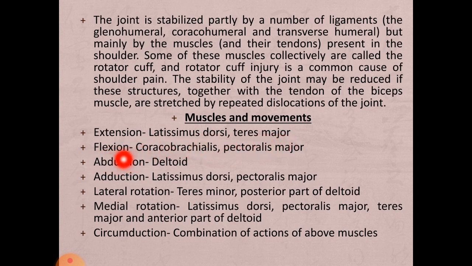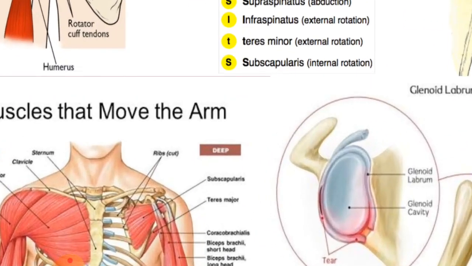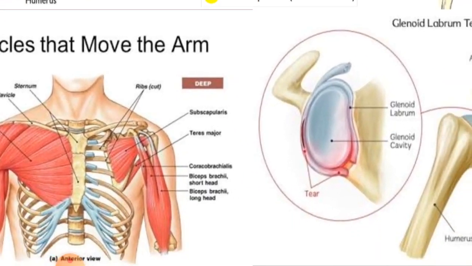Next we have the flexion, and for the flexion we have the coracobrachialis muscle and the pectoralis major muscle that are involved at the shoulder joint. So here we have the coracobrachialis muscle, and you can see that it is arising from the coracoid process of the scapula, and it is inserting into the humerus.